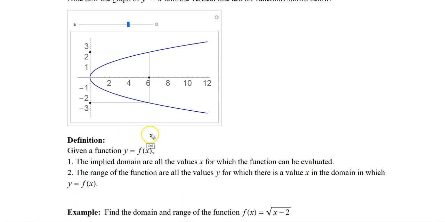So right here is the graph of the function, or I'm sorry, it's not a function, but the graph of the equation y squared equals x. So this is what it looks like right here. So you notice we do not pass the vertical line test for this particular graph. A vertical line crosses at 2 points.